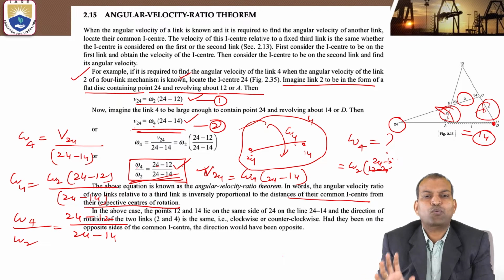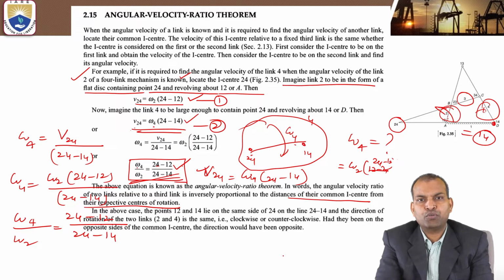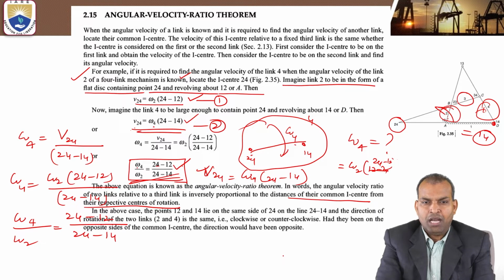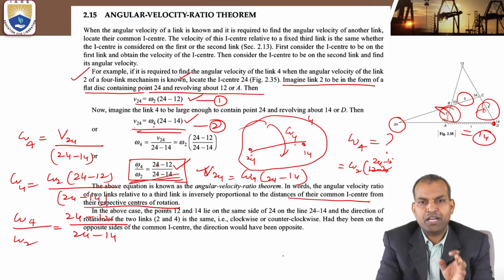Suppose links 1 and 3 are there, and you want to find the unknown angular velocity. Suppose we know the angular velocity of link 2 and we don't know the angular velocity of link 4. To find the angular velocity of link 4, first of all we have to find the common instant center of links 2 and 4, that is I24.